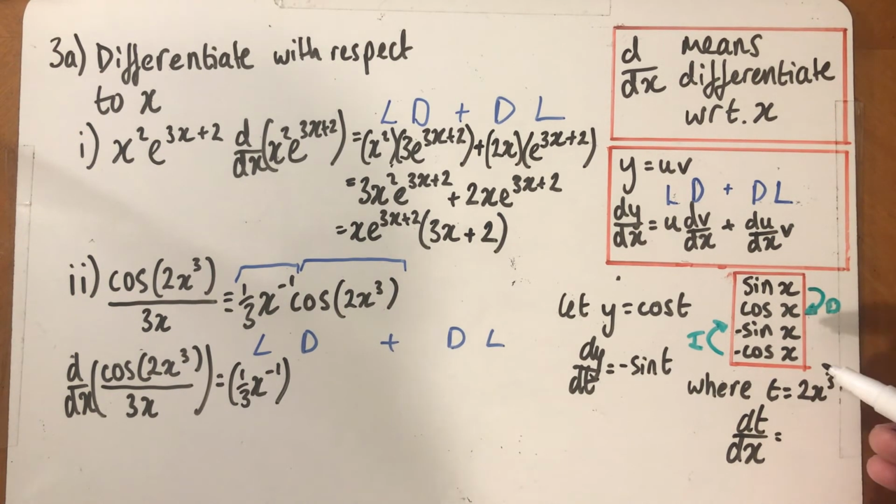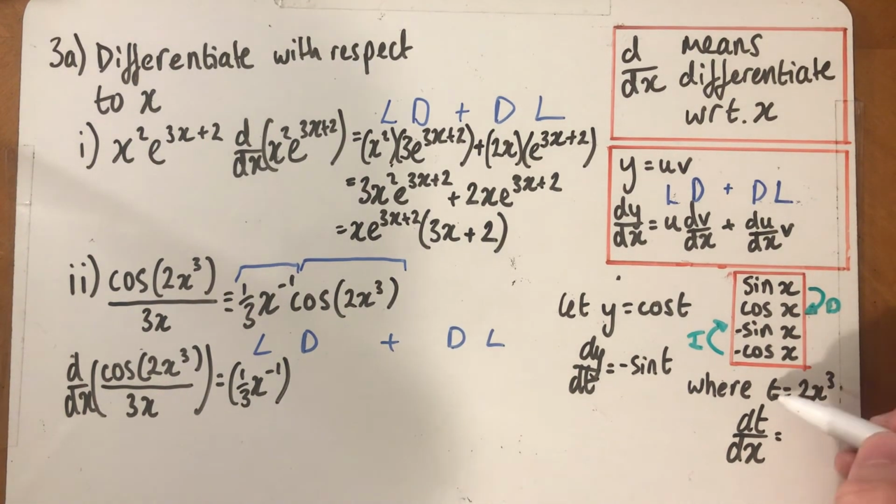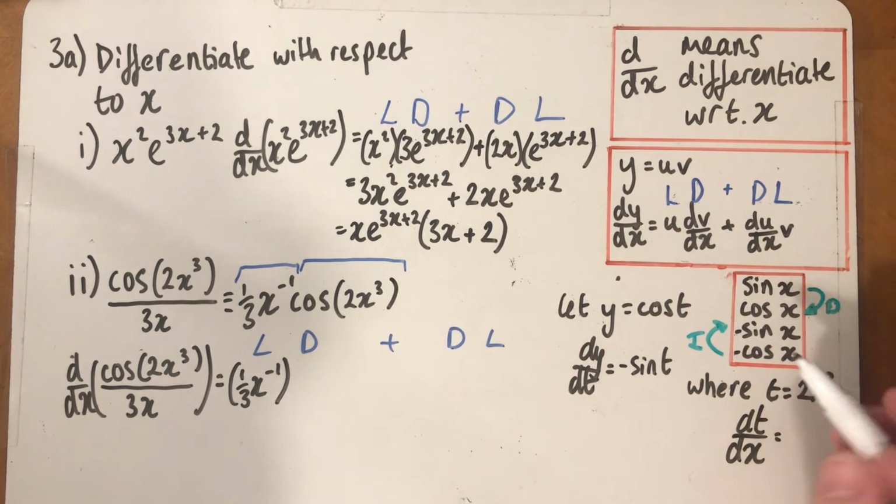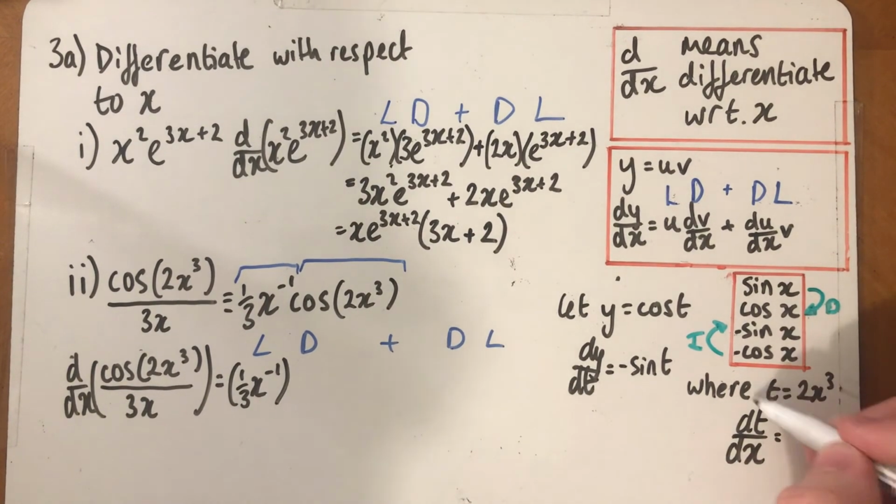Most functions are y equals something x. Yeah, most functions are given y in terms of x. Okay. What I like to say is that we're finding d this by d this. D of whatever's on the left-hand side over d of whatever's on the right-hand side. Okay, so this is dt by dx. If it was given the other way around, it would be dx by dt. Okay, so just d this by d this in layman terms.